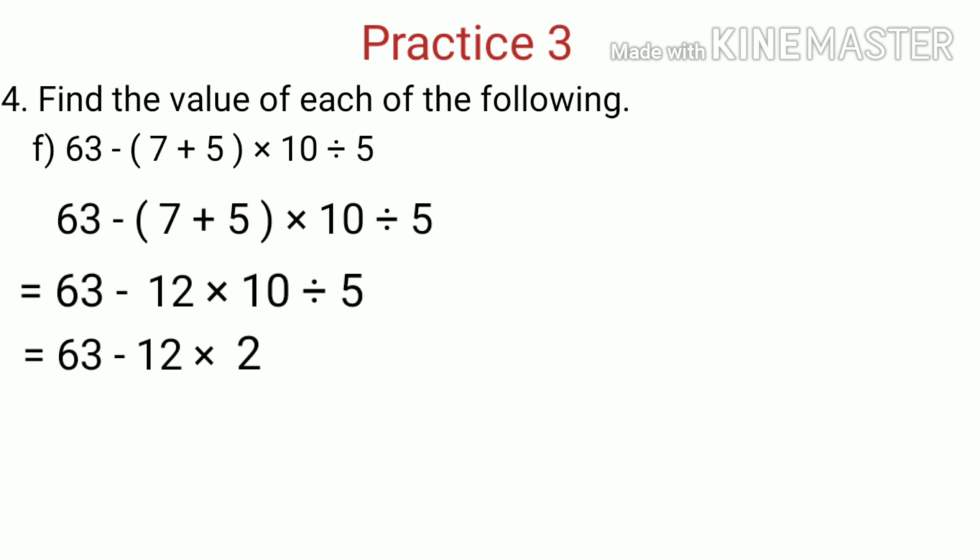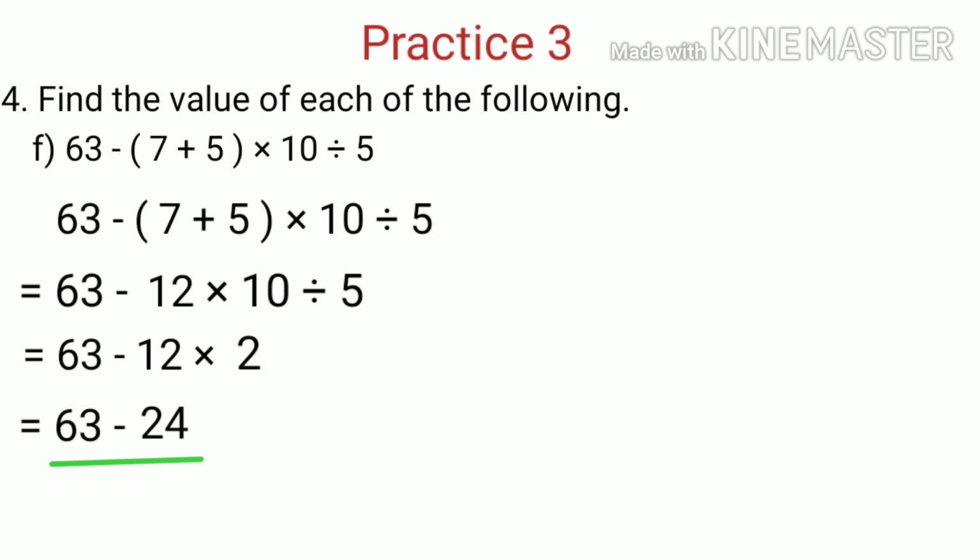Now the expression involves subtraction and multiplication. And according to the DMAS rule, we should carry out multiplication before subtraction. So now we will multiply 12 by 2. When we multiply 12 by 2, we get 24. So the expression becomes 63 minus 24.